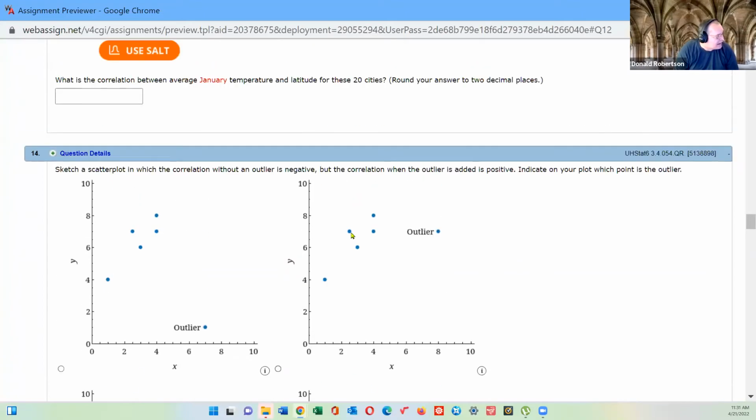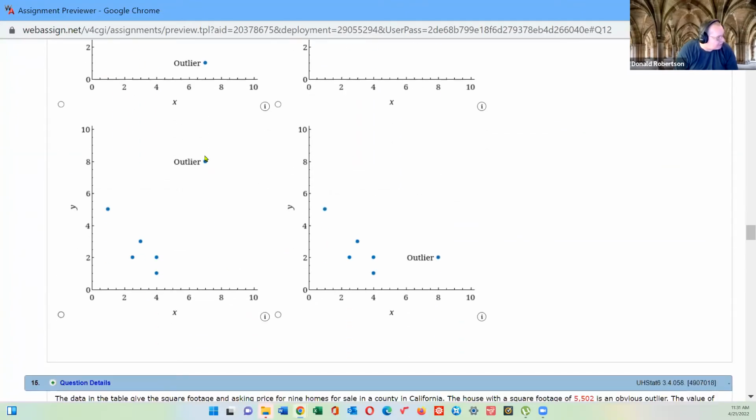Now, if you keep the outlier, you see that guy up there? If that outlier is far enough away from the data, and I would probably want to put it even higher than that, that outlier overwhelms the rest of the data. So what you would have got if you kept that outlier is that the line would point upwards.